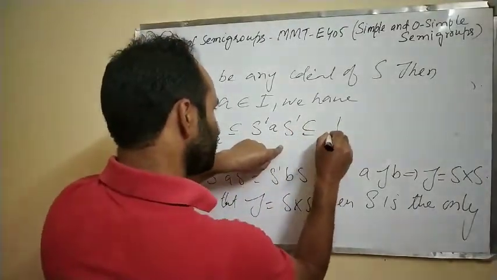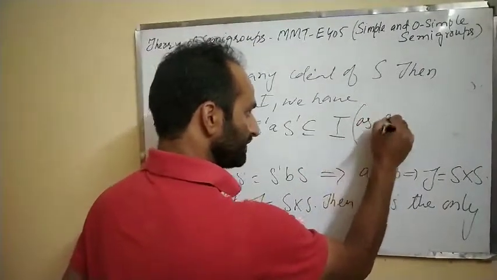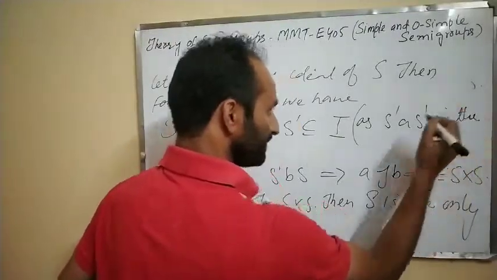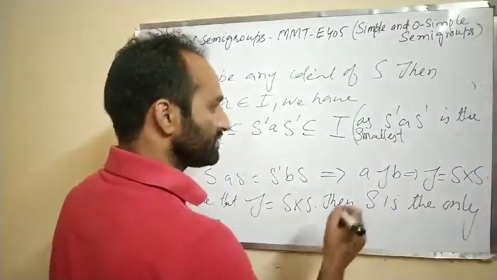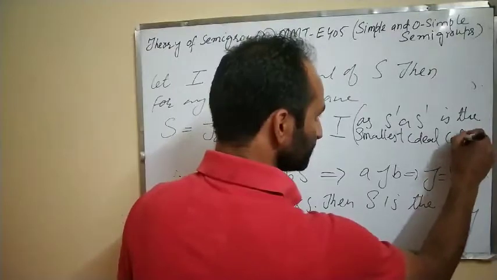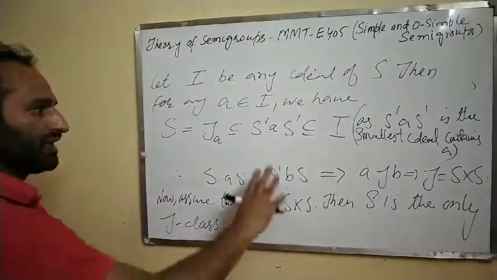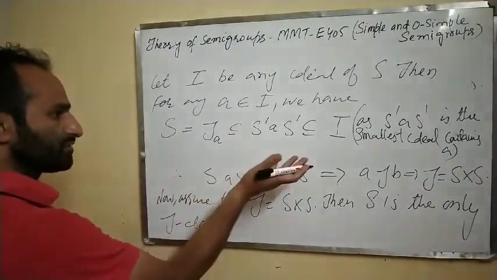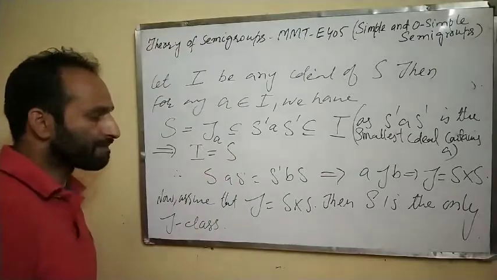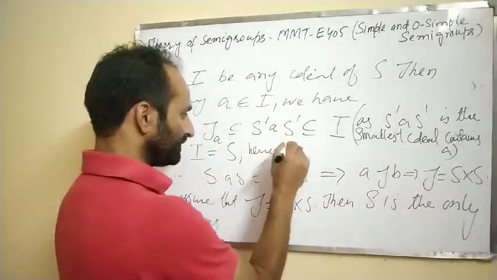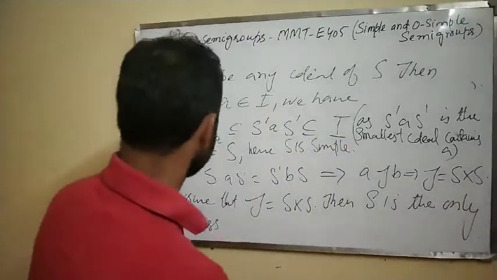Therefore, this must be a subset of I. As you can see, S1 A S1 is the smallest ideal with respect to the inclusion relation, the smallest ideal containing A. And I is an ideal, it also contains A, so that means S1 A S1 is actually a subset of I, which implies S is a subset of I. But I is also always a subset of S, so this gives that the ideal I is equal to S. And hence S is simple.